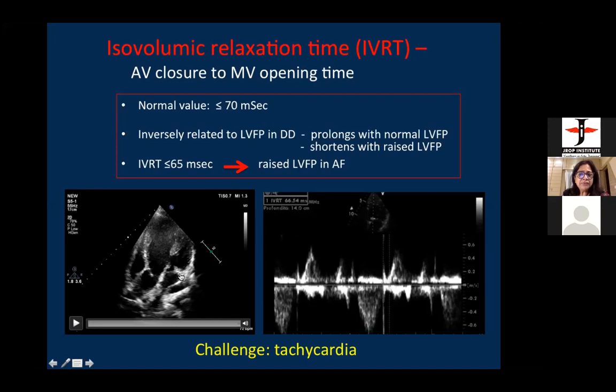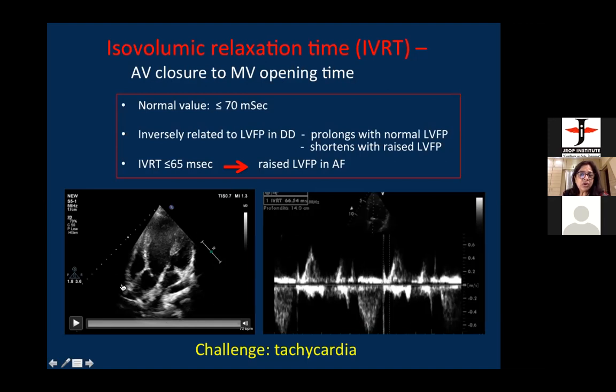Ma'am, which type of window is this? This is the apical 5-chamber view, where I have opened up the aorta from the apical 4-chamber view. Though the aorta is not a chamber, for the sake of description we say 5-chamber view, where the aorta is considered a chamber along with the left atrium, left ventricle, right atrium and right ventricle.